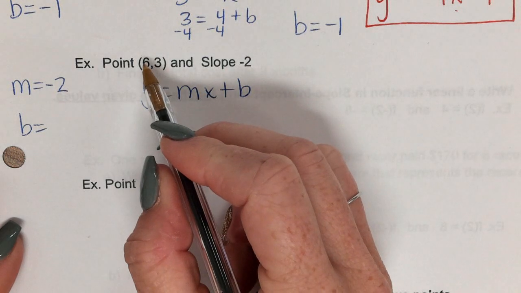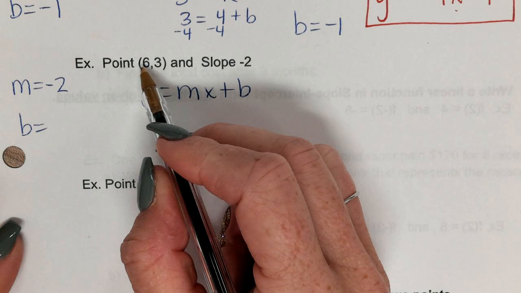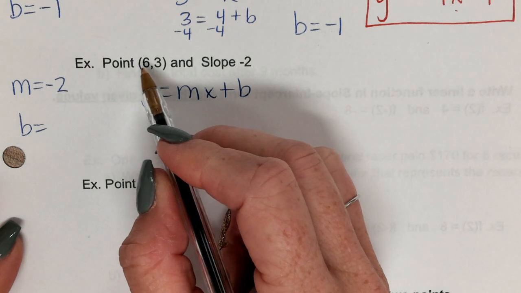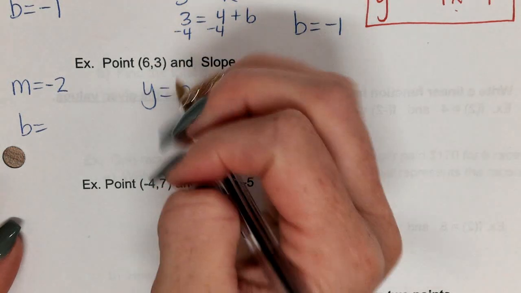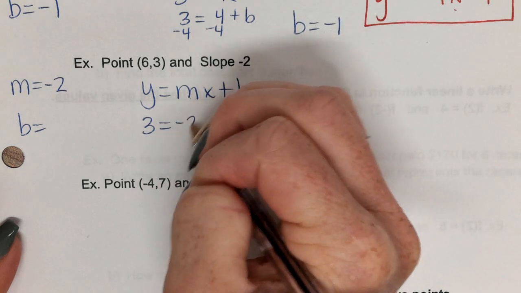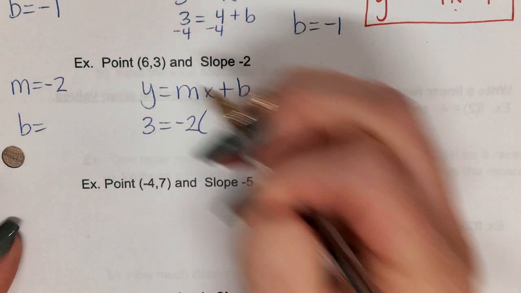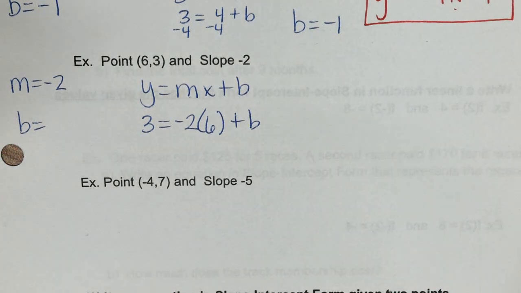Can I plug 6 in for x? Can I plug 6 in for y? No, because 6 is an x. Very good. So I'm going to plug in 3 for y, because 3 is a y value. The m, I'm going to put a -2. The x, I'm going to put 6, plus b.